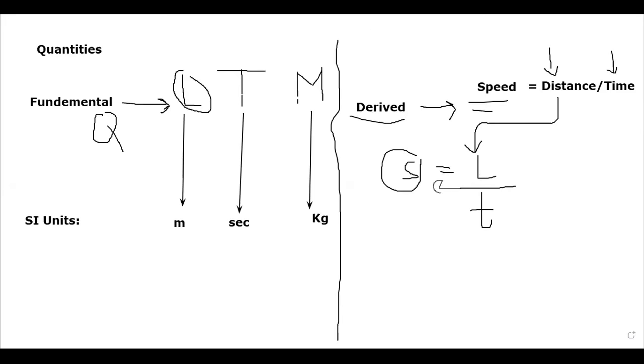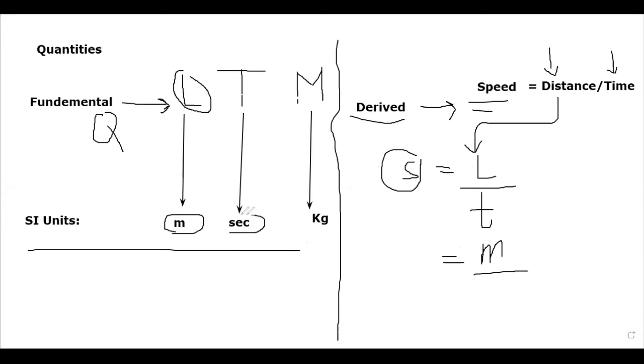Let's now convert this equation to a units equation. What's the unit of length? We said it's meter, right? The SI unit for length is meter, and the SI unit for time is seconds.